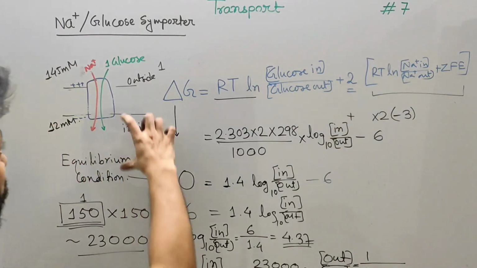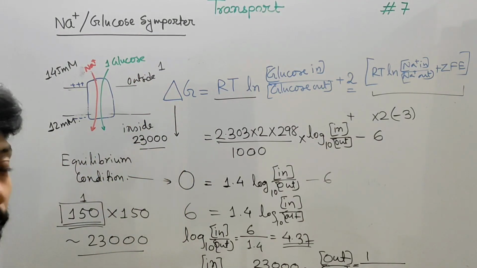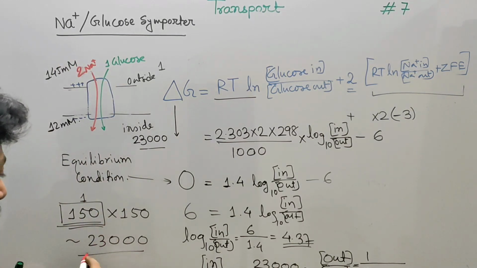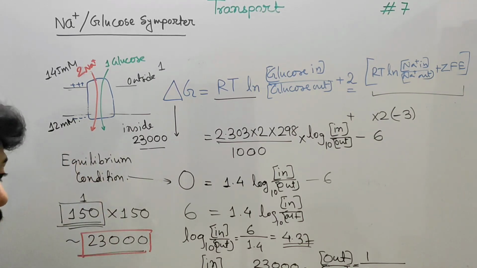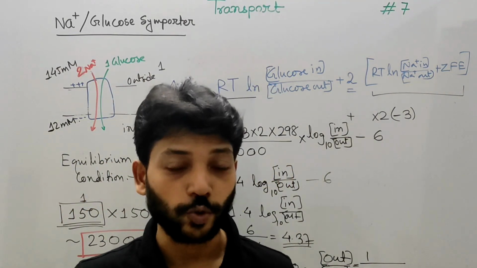That means when the inside and outside concentration ratio becomes 150, it will stop. But because two sodiums are moving simultaneously, it can generate a 23,000 fold concentration gradient of glucose. So in this way, we can understand how the sodium and glucose Symporter works.